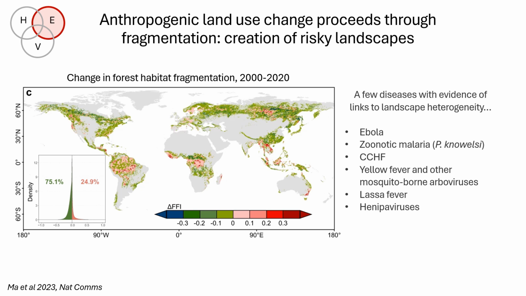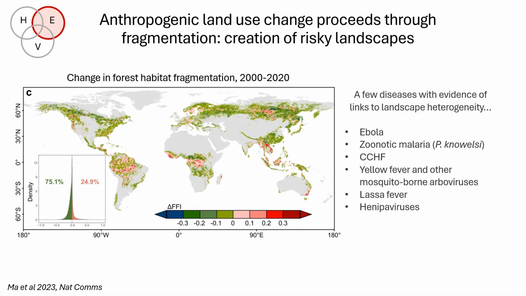But I think it nicely highlights that there's a complex interplay of social and demographic factors on both the reservoir host and the recipient host side that lead to outbreaks and epidemics. And these sorts of fragmentation processes are really relevant to thinking about many spillover and epidemic pathogens, including things like Ebola, zoonotic malarias, many mosquito-borne arboviruses, and henipaviruses.